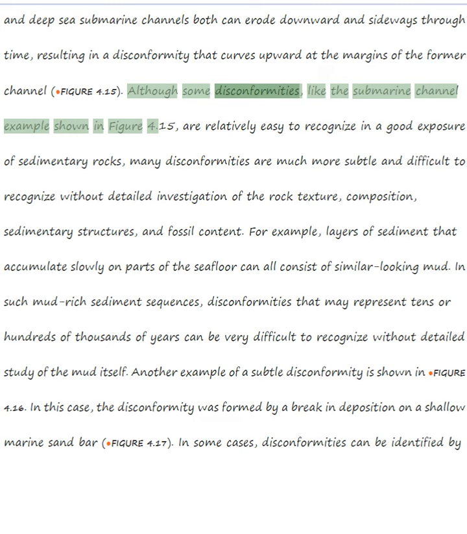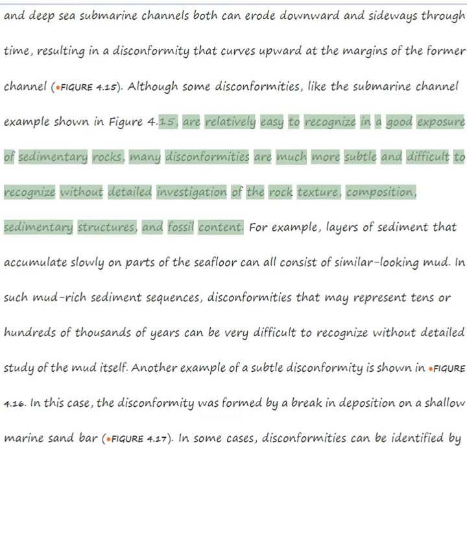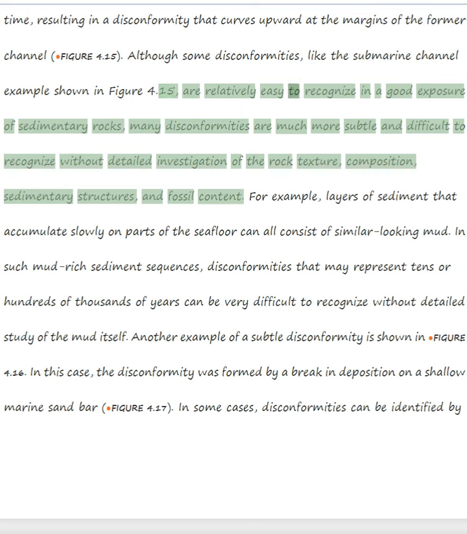Although some disconformities, like the submarine channel example shown in Figure 4.15, are relatively easy to recognize in a good exposure of sedimentary rocks, many disconformities are much more subtle and difficult to recognize without detailed investigation of the rock texture, composition, sedimentary structures, and fossil content.